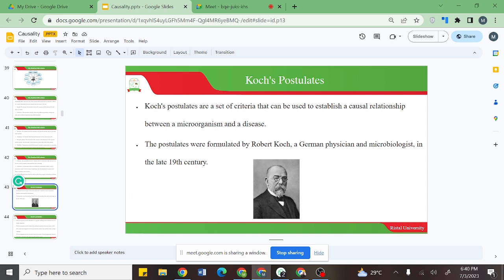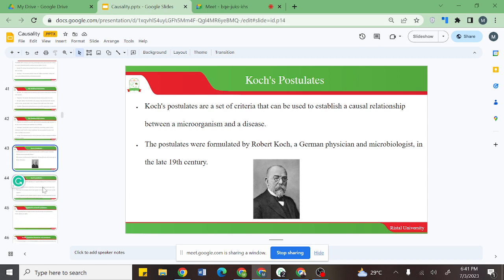He helped in establishing a criteria that can be used to establish causal relationships between a microorganism and the disease. He's the one who actually identified that tuberculosis is caused by Mycobacterium tuberculosis. So it is Robert Koch who identified that.